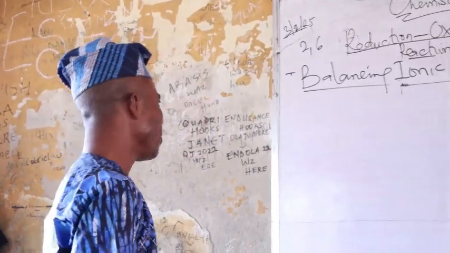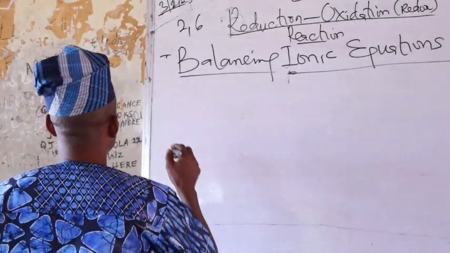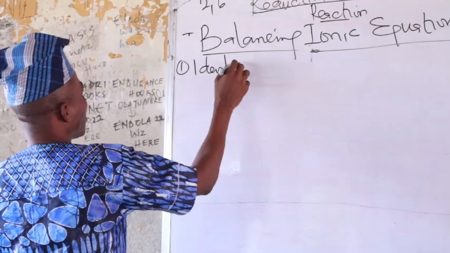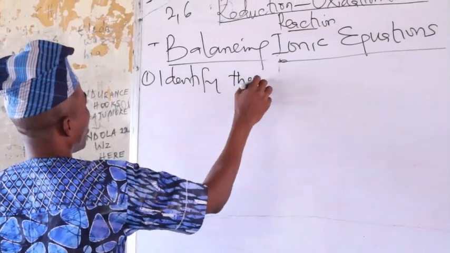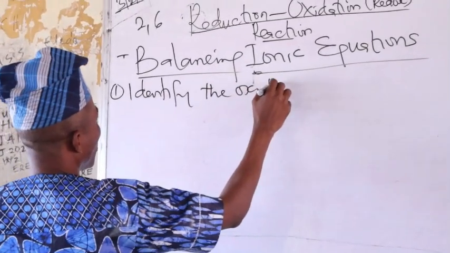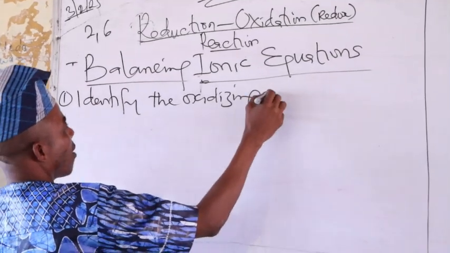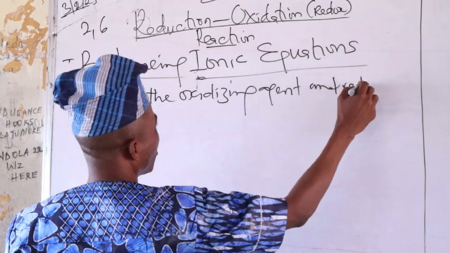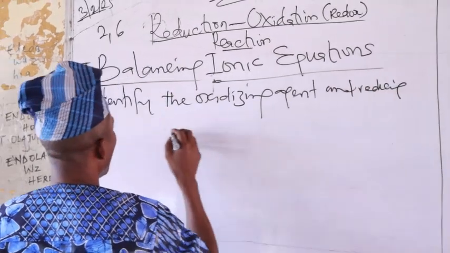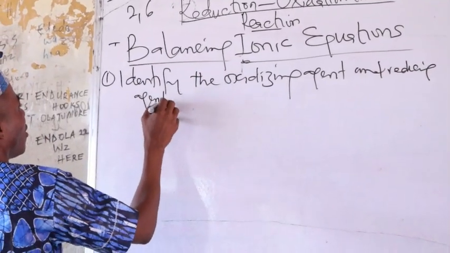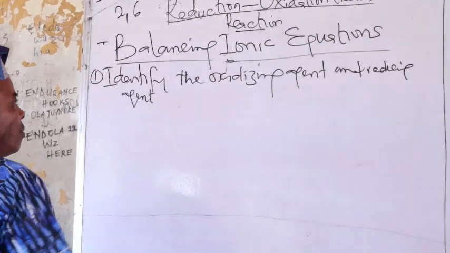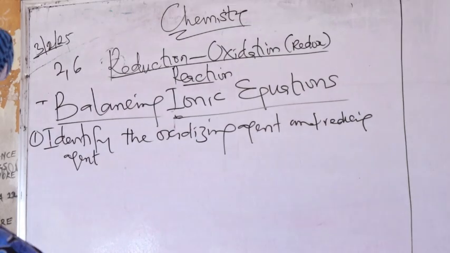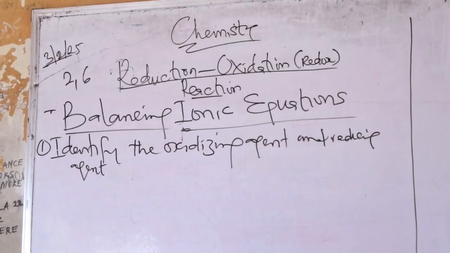Now, number one step is to identify the oxidizing agent and reducing agent. So identify the oxidizing agent and reducing agent that is present in the equation.